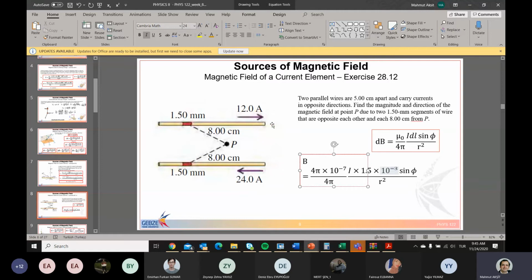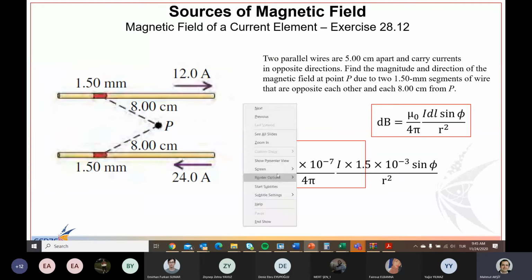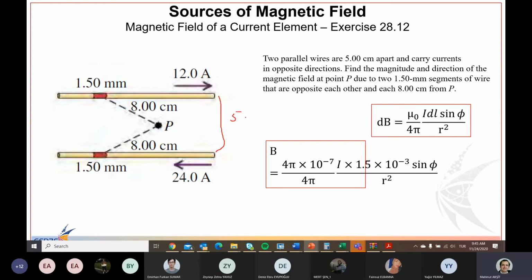The velocity is towards right, and the angle should be this angle. Let's find that out. So this is 8 centimeters. This is in total 5 centimeters, right? So this is 2.5 centimeters here. So sine phi, this is phi, should be 2.5 over 8. And we just write that down.